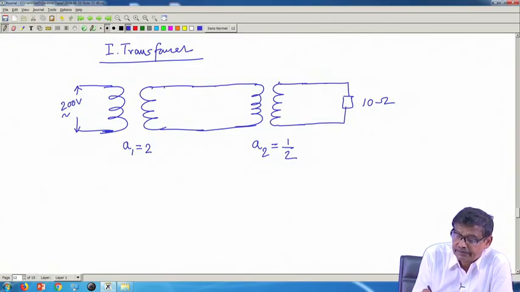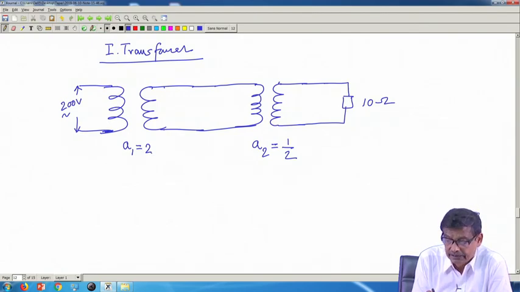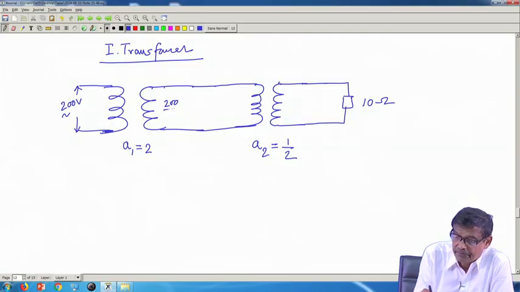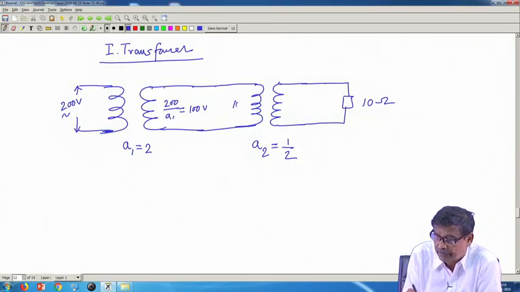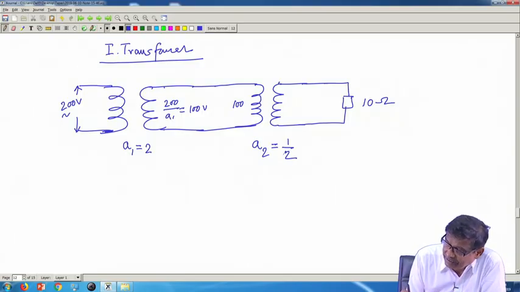Tell me what is the voltage here? I want to find out the currents. So, if you have applied 200 volt, if the ratio is this, what will be this voltage? 100 volt, because V1 by A1 will come here. So, this will be 200 by A1, which is equal to 100 volt. So, this 100 volt is applied to this transformer, and let us consider this to be a 1 by 4 turns ratio.